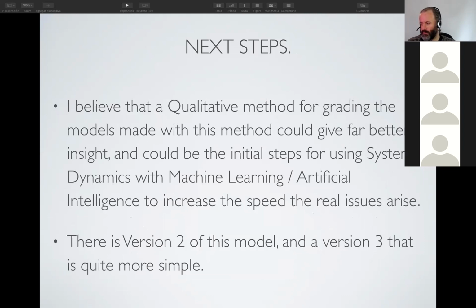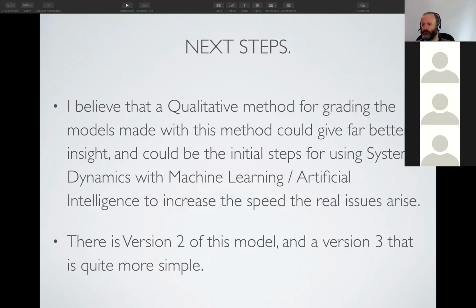The other next step is a qualitative method for grading the models. This method would give us far more insight and could be the initial step for using system dynamics with machine learning and artificial intelligence to increase the speed at which the real issues arise.